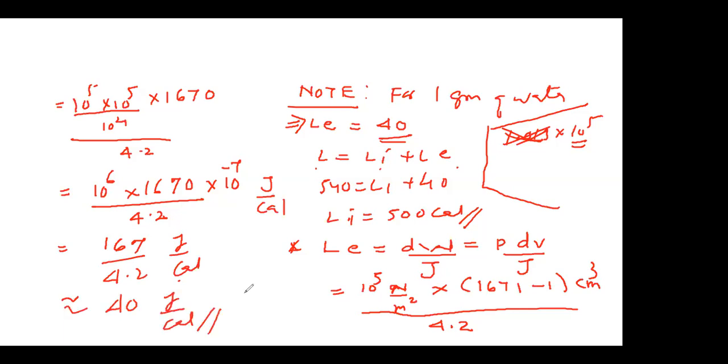So this is LE, external, which I told here 40. So once you get this LE 40, then LI same method you have to calculate. Copy till this, but please remember in the exam for 1 gram of water it is nothing but 40. Unit was dangerous, that has to be converted properly.